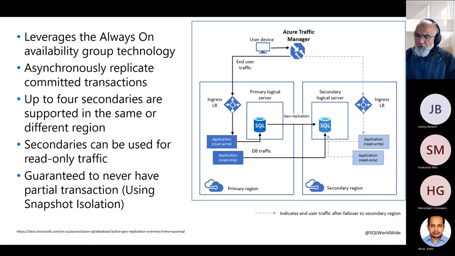Now, I talked about asynchronous replication. So how does that work? One thing you are guaranteed by Microsoft is that you're never going to get a partial transaction, right? Because it uses snapshot isolation. So for one transaction, it's either fully committed or it's not on your secondary. You never get half-baked transactions on your secondary.